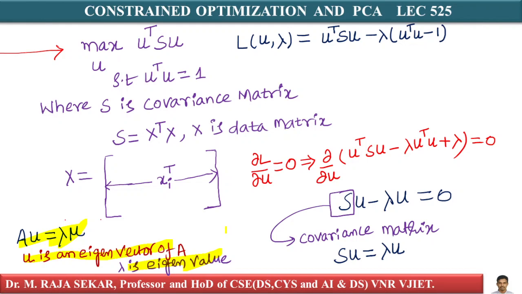This is the definition of eigenvalue and eigenvector. This can be solved by saying u is the eigenvector of S, and lambda is the eigenvalue of S.